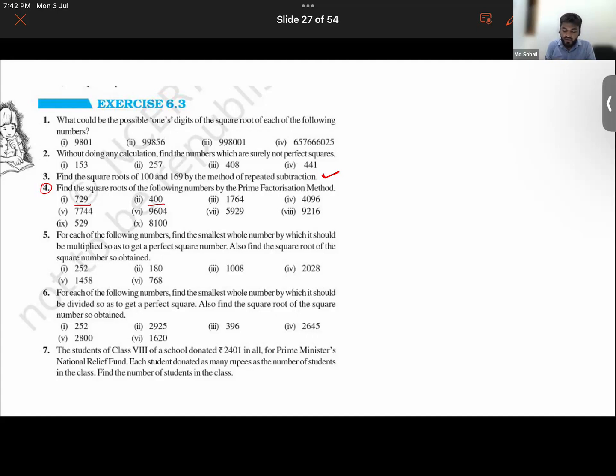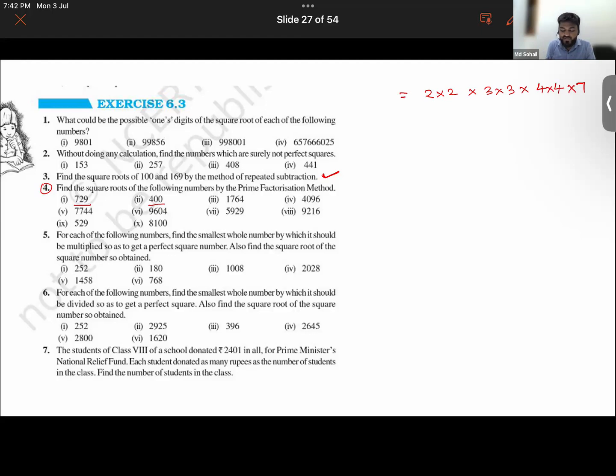Also, let's say you have got questions in which the number is not a perfect square and you need to convert it into a perfect square. When I say that the number is not a perfect square, it means that you will not see pairs of its prime factors in it, right guys? So suppose a number has prime factorization like this: 2 multiplied by 2 multiplied by 3 multiplied by 3, then 4 multiplied by 4, and then 7.